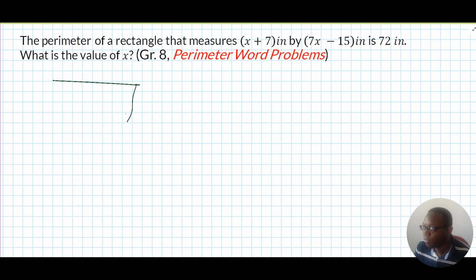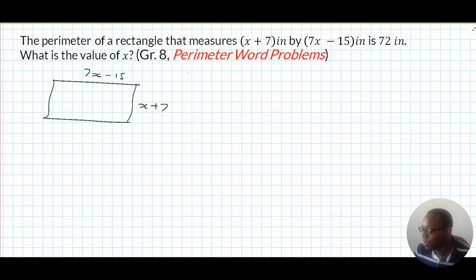So that's our rectangle. I'm going to make an assumption that this is 7x minus 15 and this is x plus 7. It doesn't matter which way you do it anyway. The first thing you want to do once you've drawn your rectangle is start with what you know.